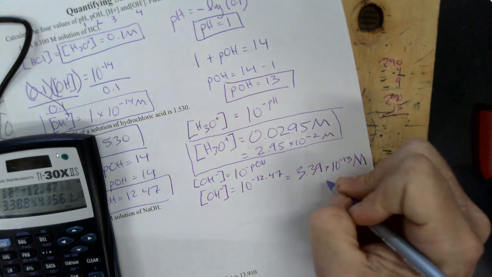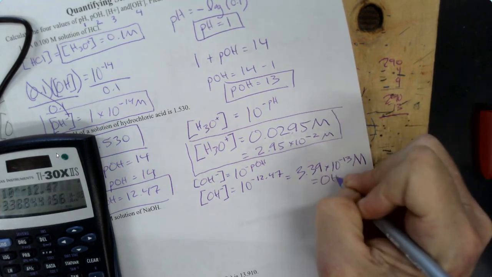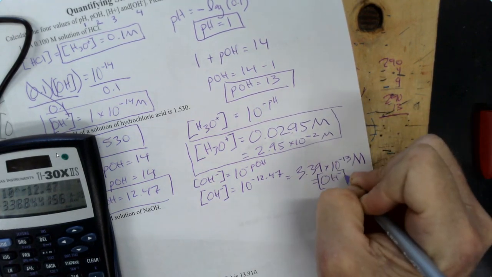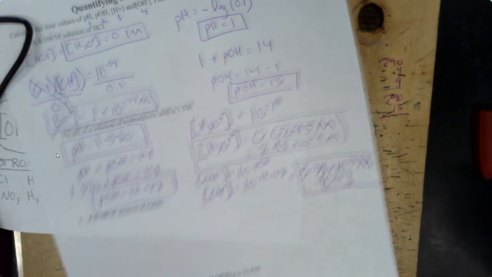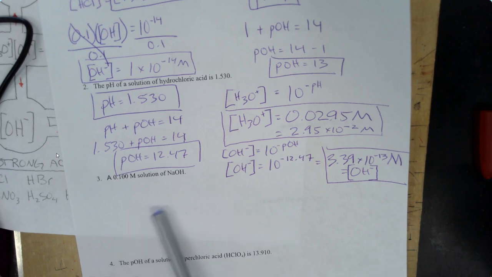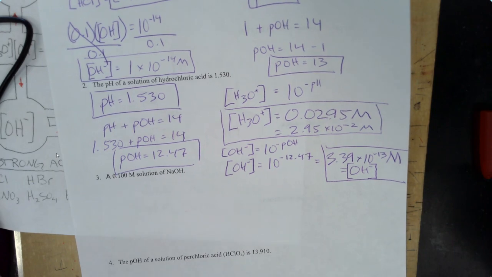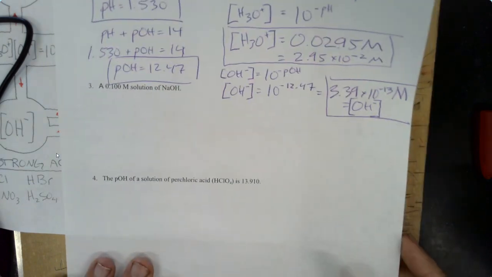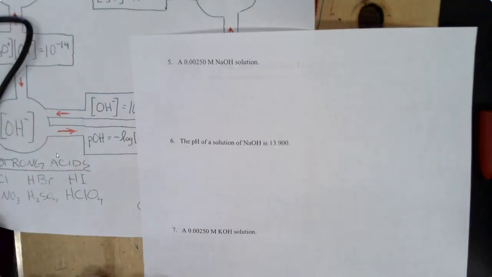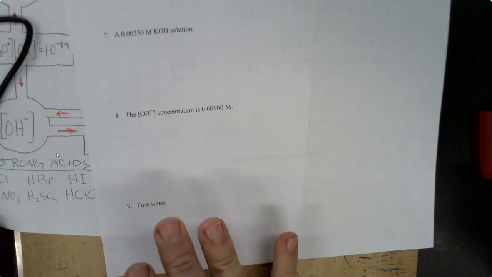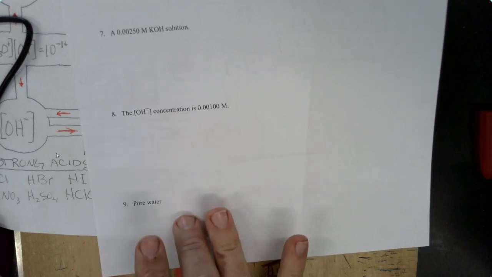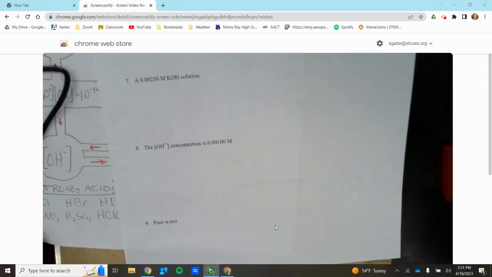Yeah, and that is the hydroxide ion concentration. Booyah! You guys do number 3, and then when you're done with number 3, do number 4, and then do number 5 and number 6 and number 7 and number 8 and number 9. All right, buddies. Enjoy yourselves.